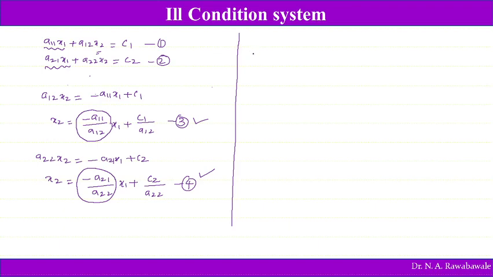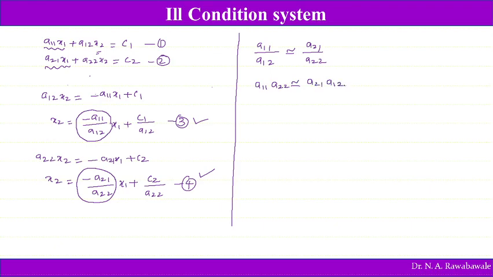So what we can write is a11 divided by a12, if it is approximately close to a21 divided by a22. On cross multiplying this, we get a11 into a22, which is approximately equal to a21 into a12.